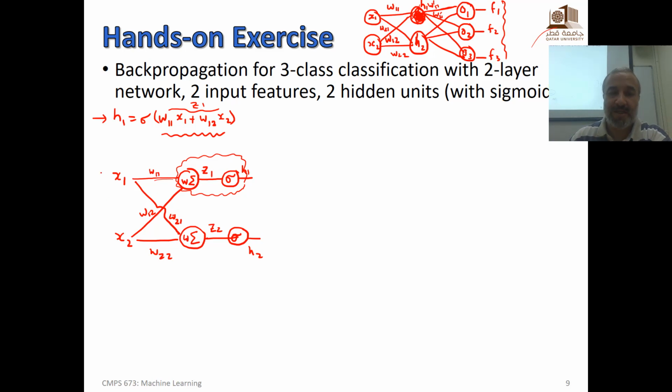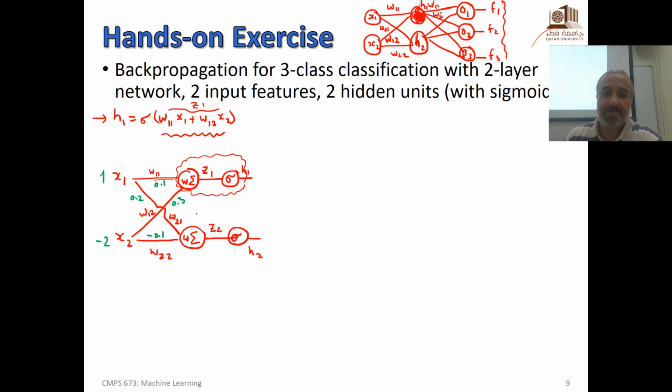So let's give some numbers here to be more specific. Let's say that this is 1 and this is -2, and maybe this is 0.1, 0.2, 0.3, -0.1. We'll assume that we have current values of the weights, from the model that we trained so far.